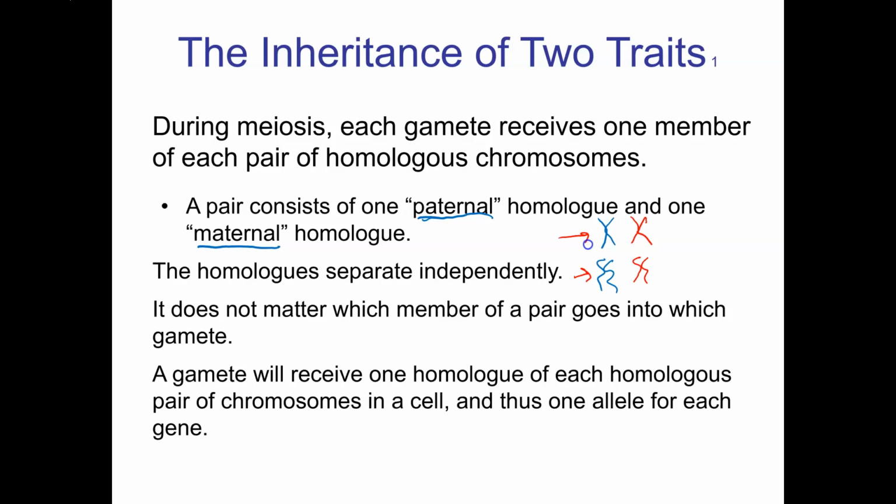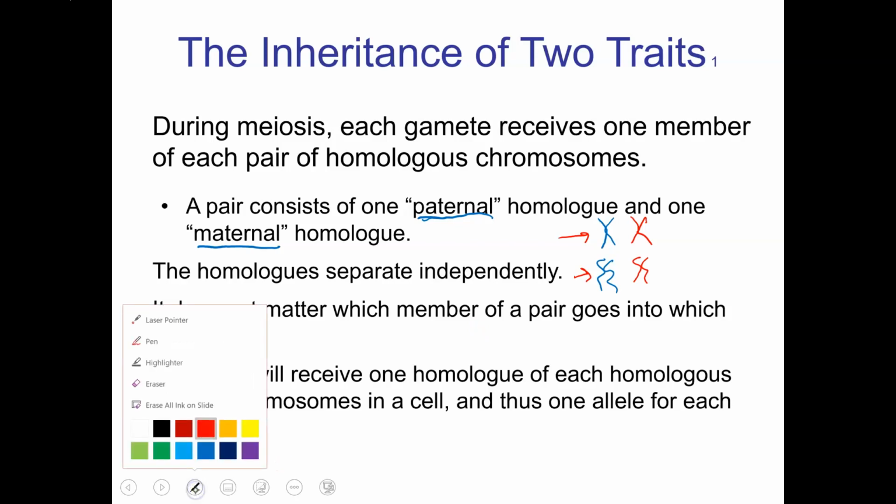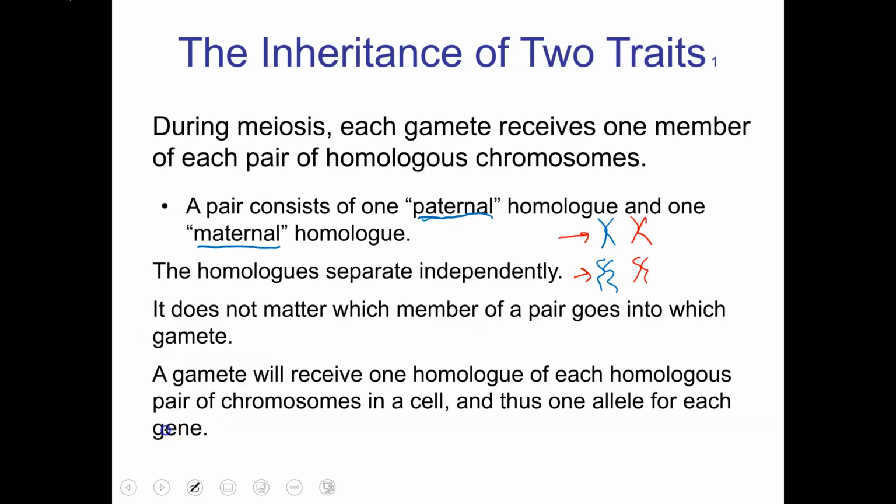When meiosis occurs, I'm going to put here's one gamete. Here's another gamete. Another gamete, because typically you have 4 gametes in normal meiosis.